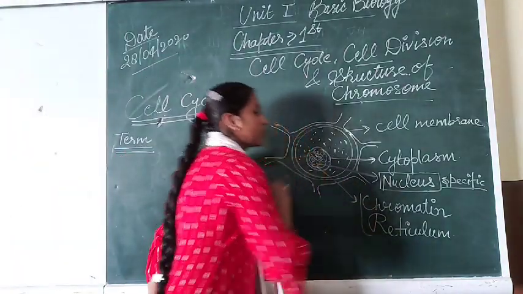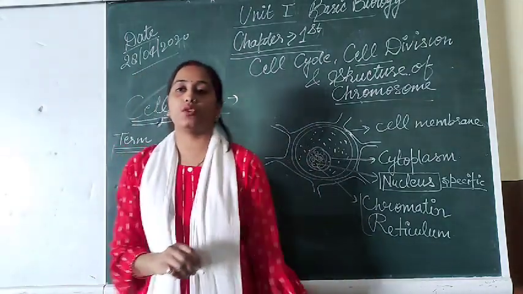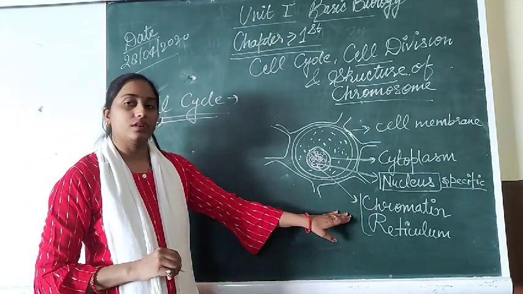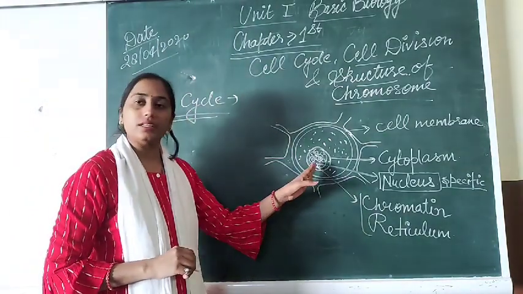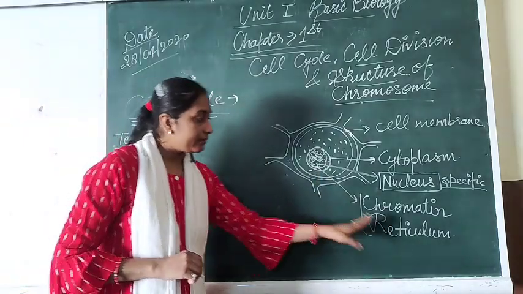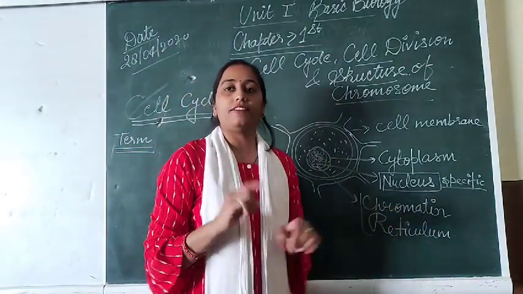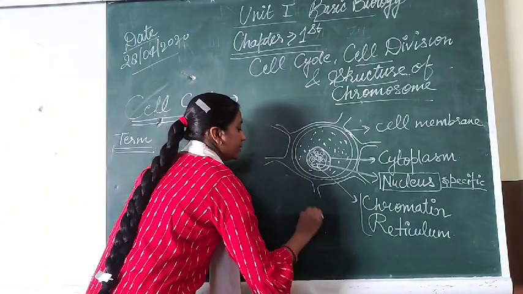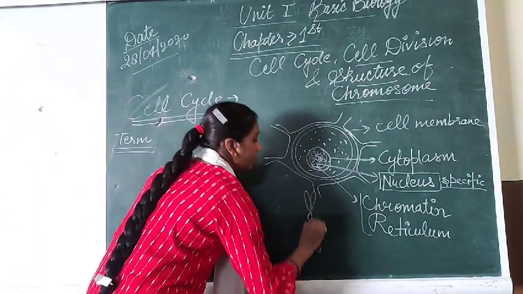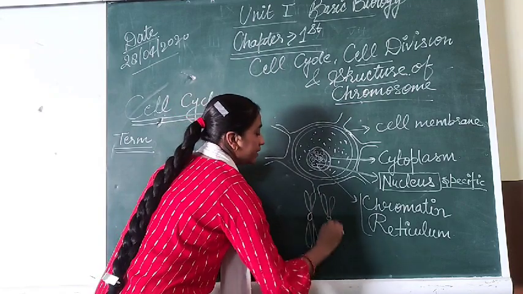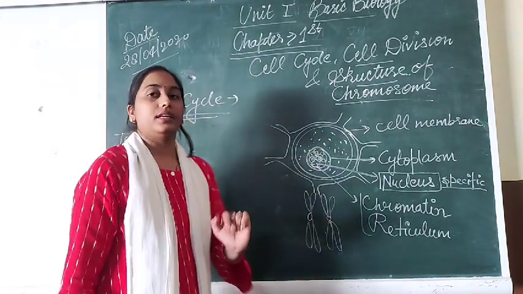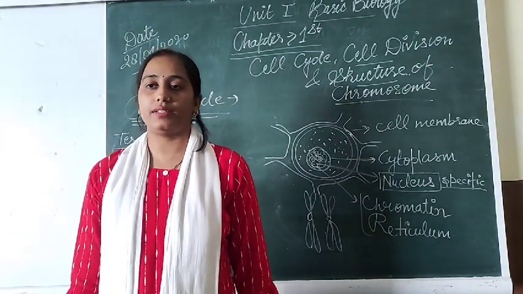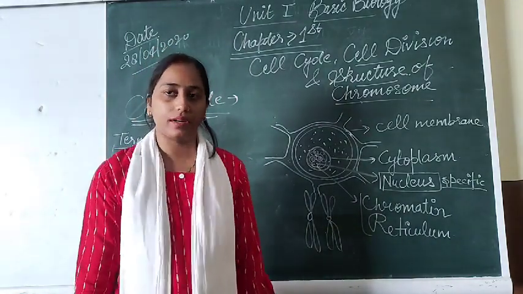If we talk about the chromatin reticulum, what is it? The chromatin reticulum is actually a genetic material present inside the nucleus, and this chromatin reticulum further condenses into chromosomes. This is the structure of a chromosome. In 9th standard you have studied that there are 46 chromosomes in the human body, right?